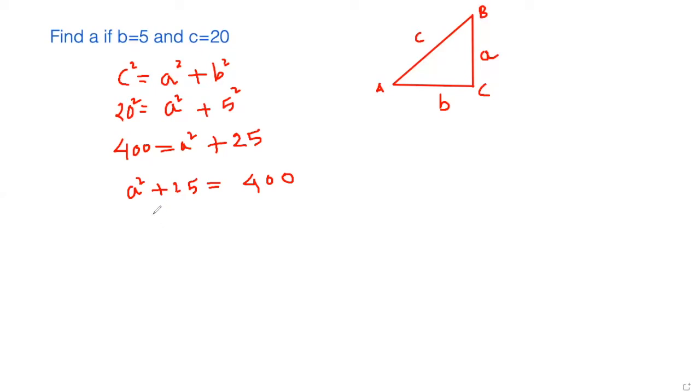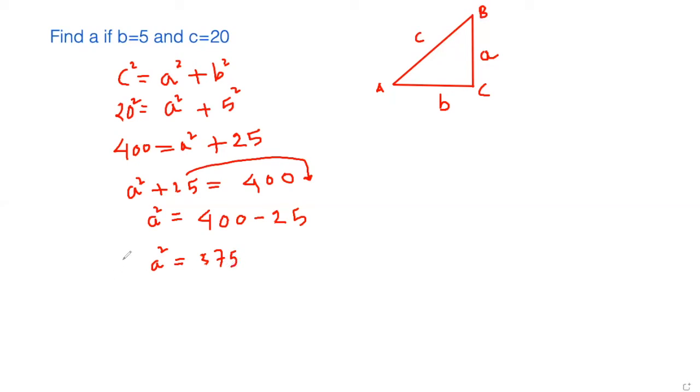So a square equal to 400 minus 25. I am moving this 25 to the right hand side by switching its sign. So a square equal to 375.